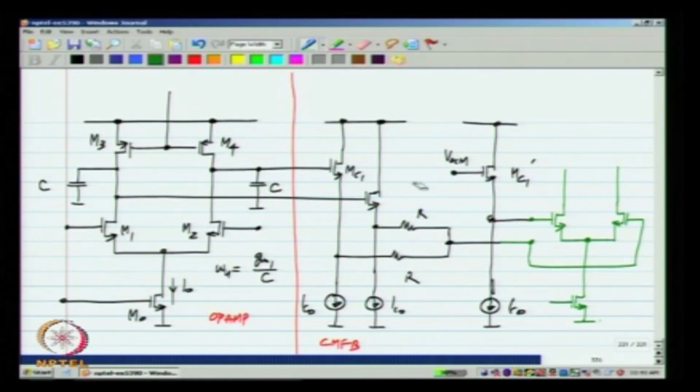Let me change the notation a little here. I will call these transistors MC11 and MC12, and this is MC11 prime. Okay. And these are all equal to IC 11. So, the single ended single stage op amp looks like this.